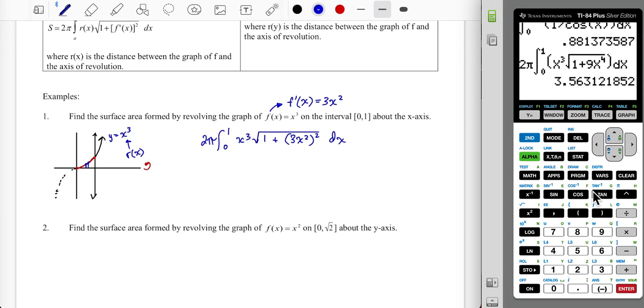And so we're looking at about 3.563. Now it's a measure of area, so units squared.